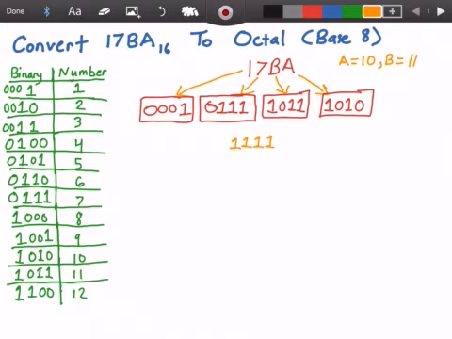So that's the highest value. And what does this value equal? It's equal to the number 15 in our base 10 number system, the normal number system you're used to. And the smallest number it can be is 0000, which of course represents the number 0 in base 10.